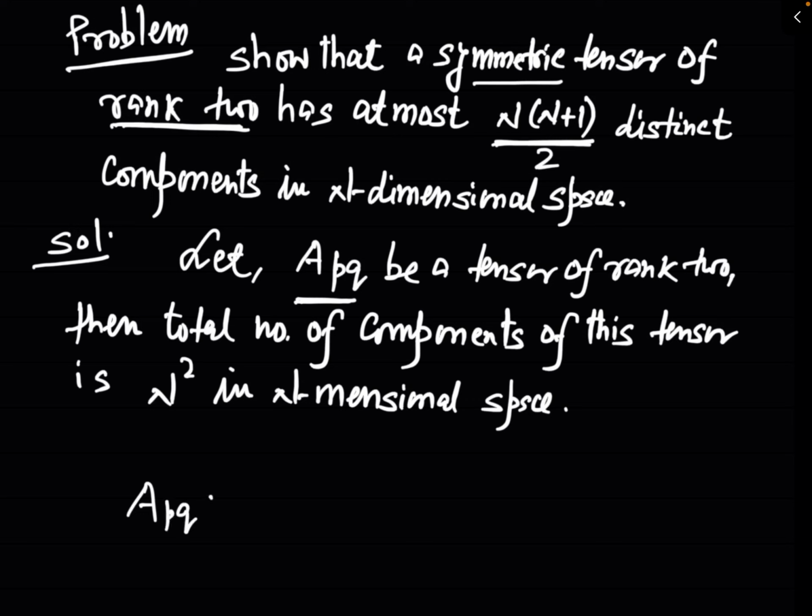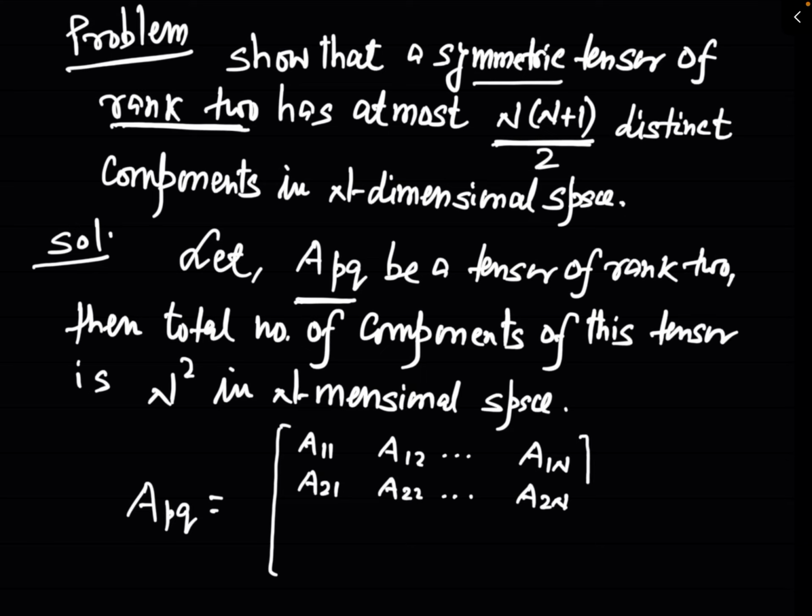Apq is equal to the matrix A11, A12, and so on, A1n. Again, A21, A22, and so on, A2n.